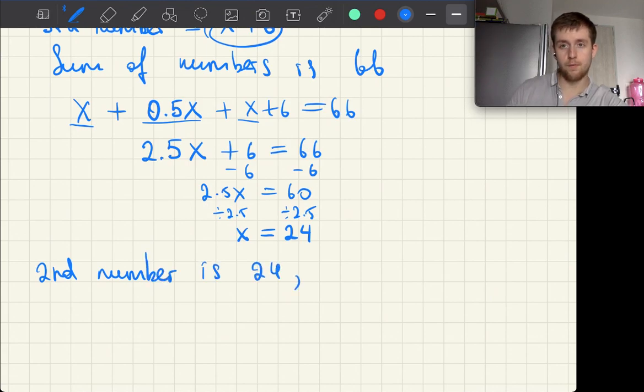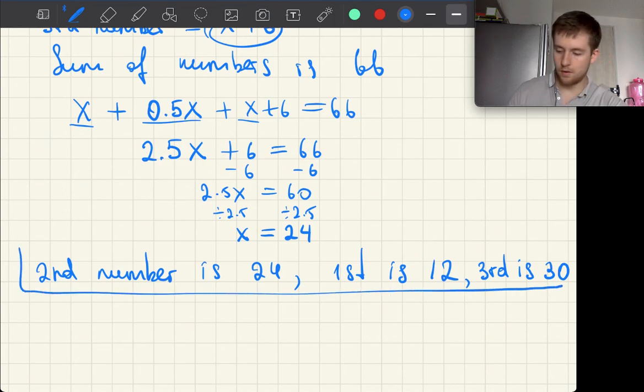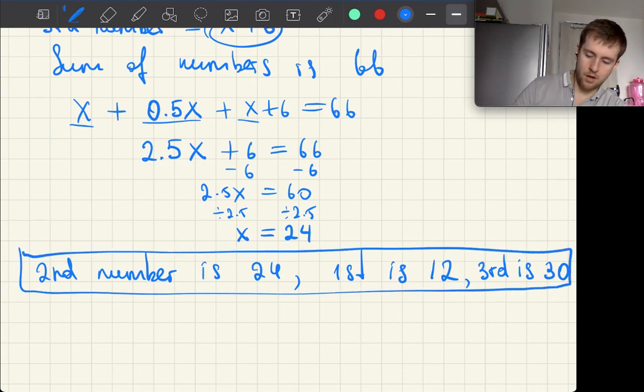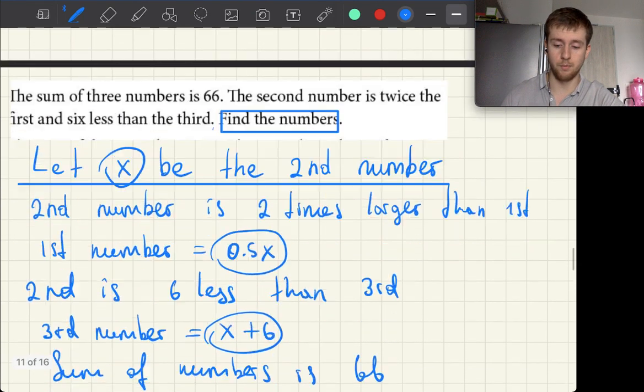It means the first number is half of the second number, so the first number is 12, and the third number is 6 more than the second number, so that's 30. So the third number is 30, and this is going to be your answer, okay? This is not the answer, that's the path to the answer, but the final answer is you have to list all 3 numbers. So make sure you understand what the question is asking from you.